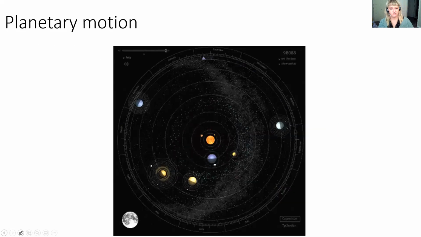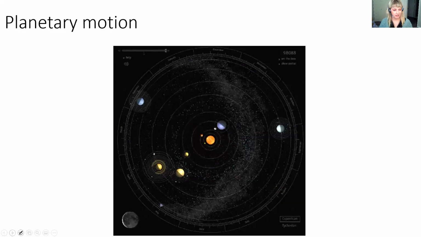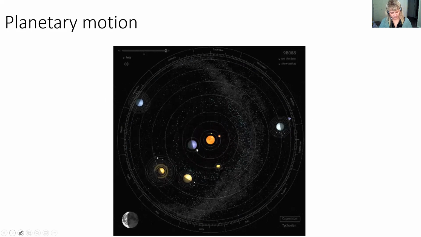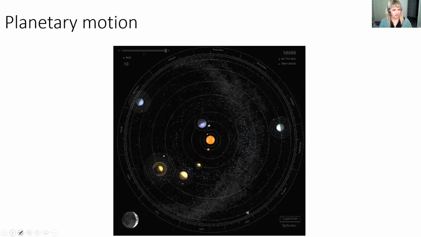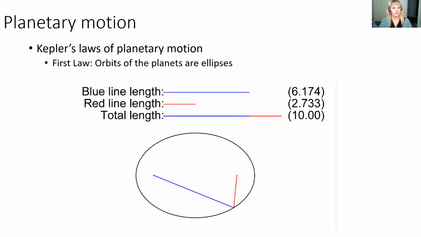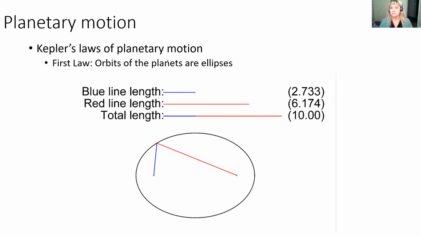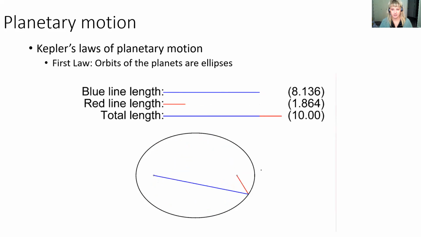One of the scientists who investigated planetary motion was Kepler, and he actually came up with 3 laws of planetary motion. The first law was that planets' orbits are ellipses. An ellipse is shown here.